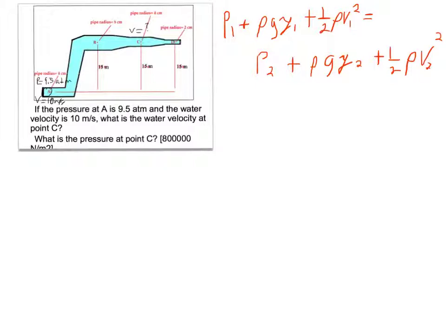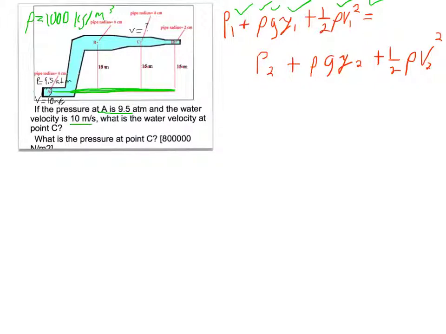So the problem says the pressure at A is 9.5 atmospheres, so we know the pressure at point 1. We know the density of water, 1,000 kilograms per meter cubed, so rho of water is 1,000 kilograms per meter cubed. No gravity on Earth. If we can define this height at point 1 to be 0, since that's a potential energy per volume, and potential energy we can call 0 wherever we want. We know the density of water, we know the velocity at point A, it's 10 meters per second.